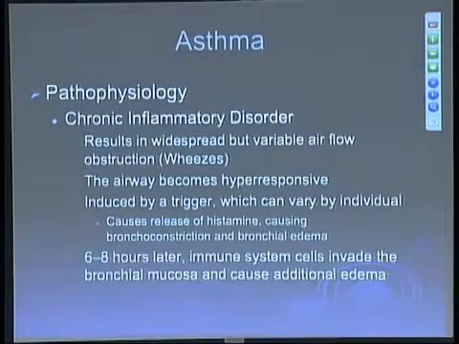Asthma. Asthma is a chronic inflammatory disorder which has an environmental, a genetic, and an allergic character to it. What it results in, for whatever causes it, is widespread but variable airflow obstruction, which gives you wheezes.